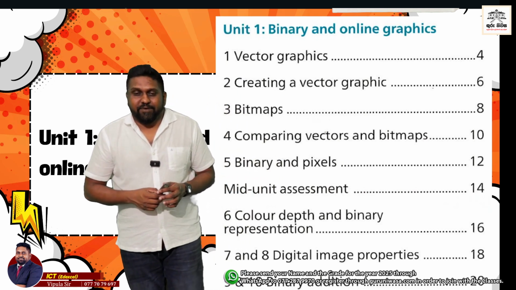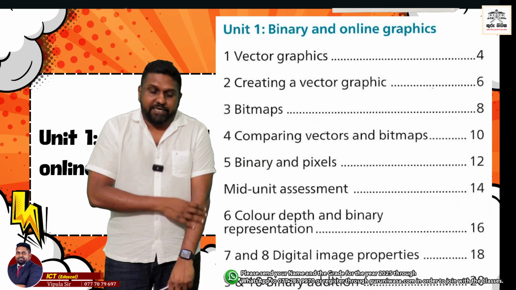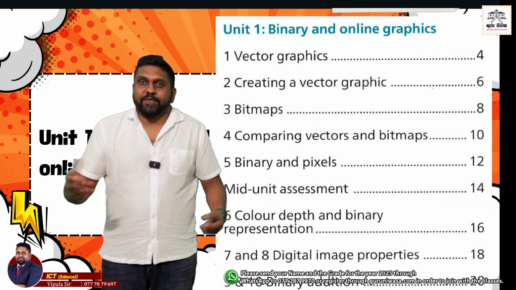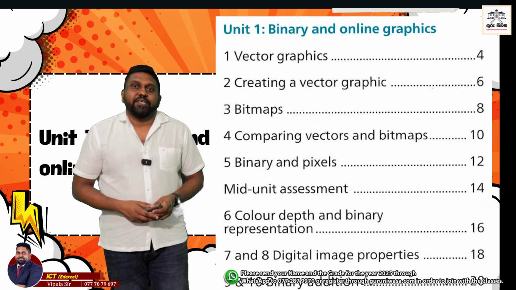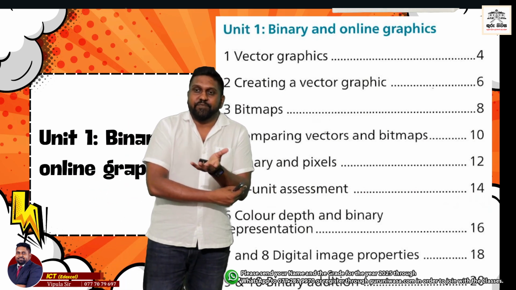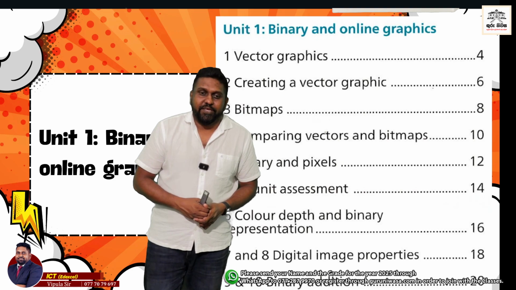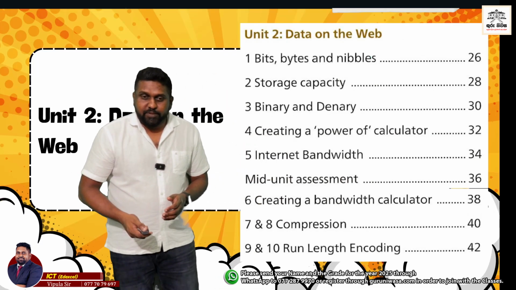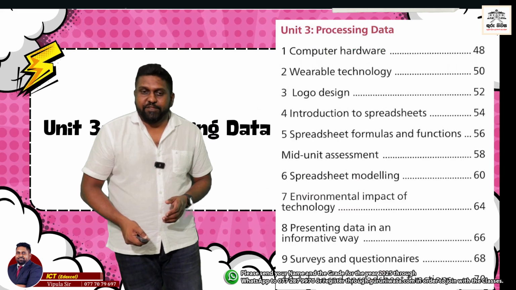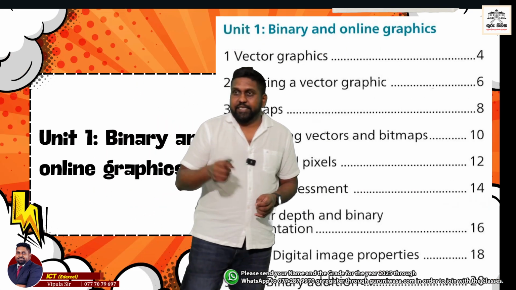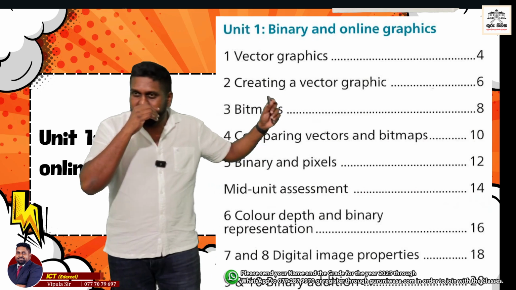For the IGCSE computer science, we are learning a certain set of background components inside this year 8 module itself. This whole thing is comprised of 6 units, and I'll take you through them and explain what we are going to learn.